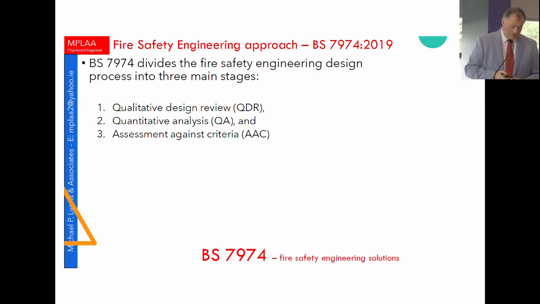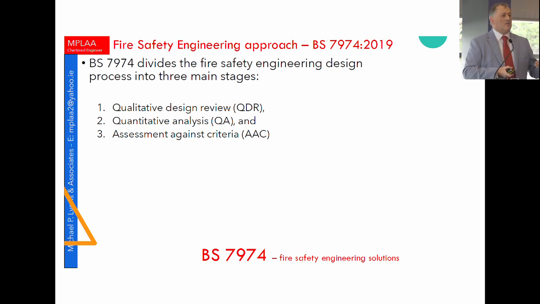So the first step is a review of the qualitative aspects of your design. You then have to go through quantifying all of that, as to what happens when the fires occur. And then you've got to assess it against the criteria. Now, what's very important is that the criteria are the acceptability of tenability limits.